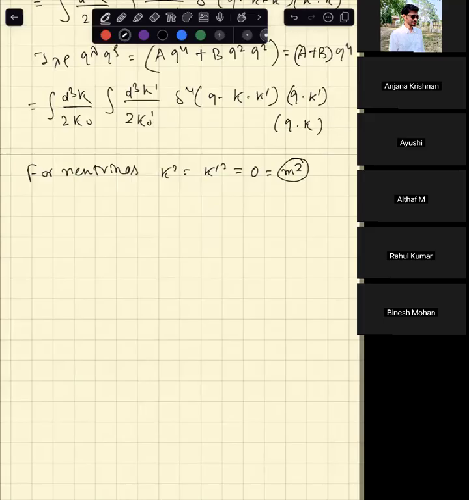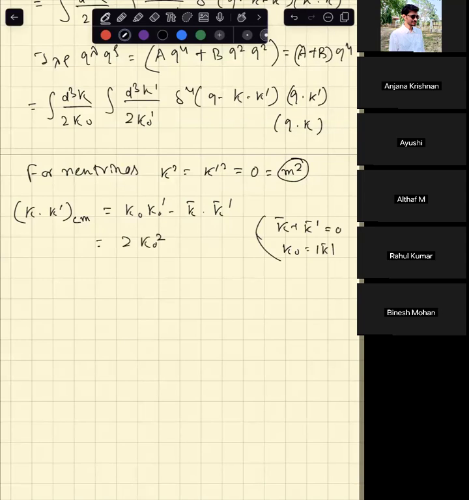And if we calculate k dot k prime in the center of mass frame, in the CM frame, you write k0 k0 prime minus k vector dot k vector prime, which effectively you can write as 2 k naught square, because remember your k plus k prime vector is basically 0, and your k0 is basically the mod of k because of the massless limit. So if you use this, you find this part.